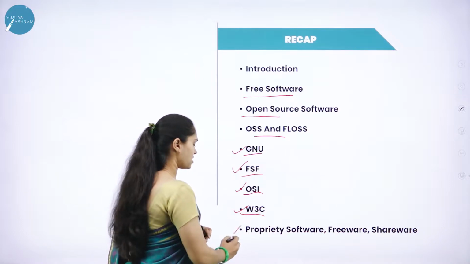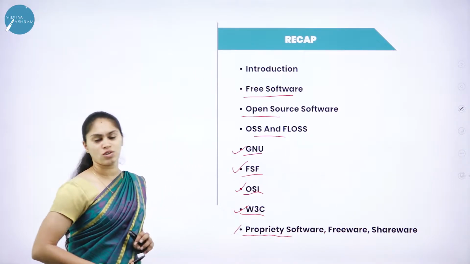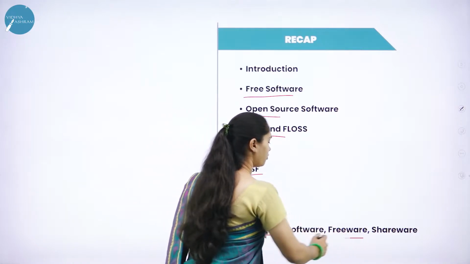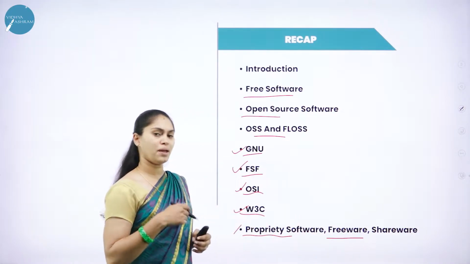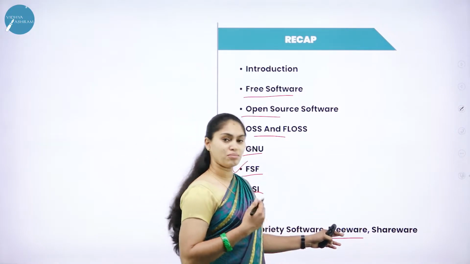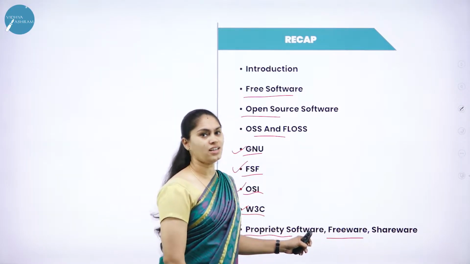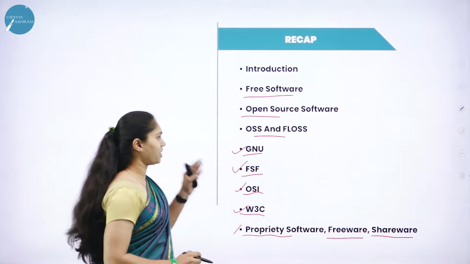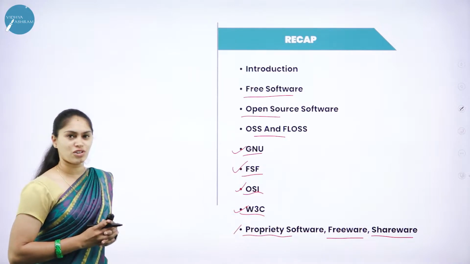And also we discussed proprietary software, which is neither free nor open source, and also freeware. You can just copy and distribute it, but you can't modify the content or get the source code. And the same thing with shareware. So this is what we discussed in the last session of this chapter.